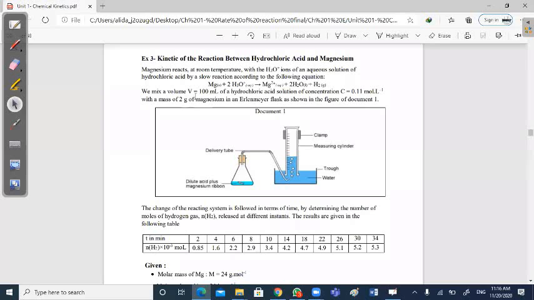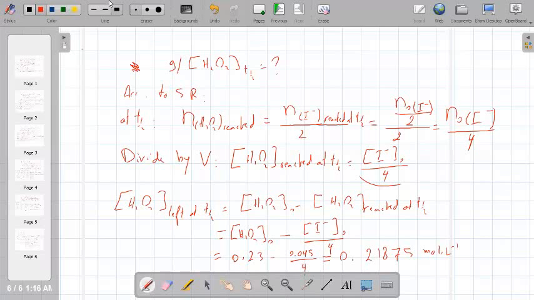Okay, let's write the given. We have the concentration and the volume of hydrochloric acid, and we have the initial mass of the magnesium. Then exercise 3, new page.